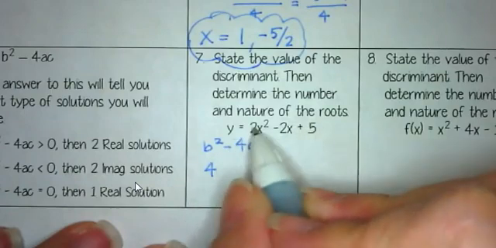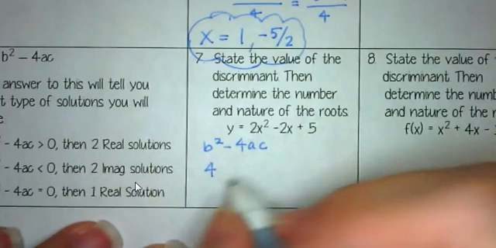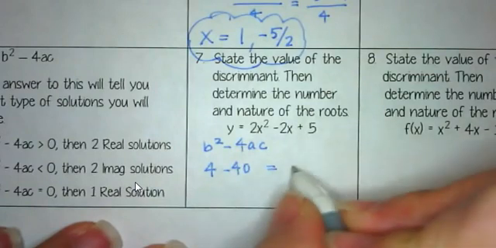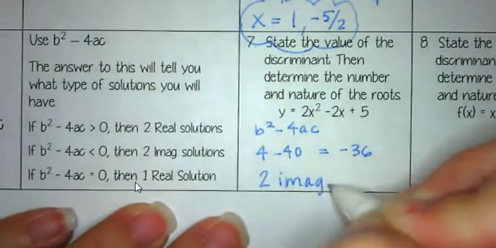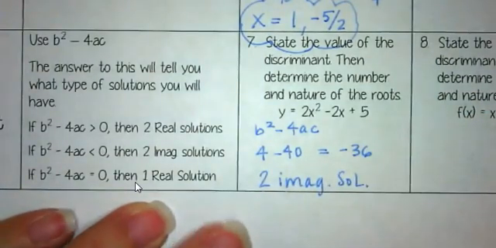So negative 4 times 2 times 5 is negative 40. So the answer to our discriminant is negative 36. Since we got a negative answer, we know that there will be two imaginary solutions.